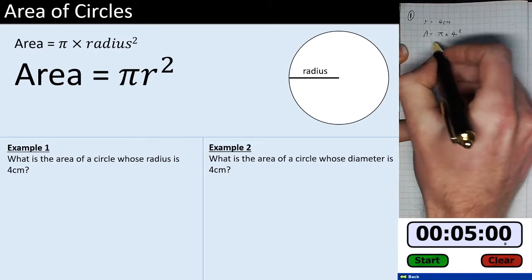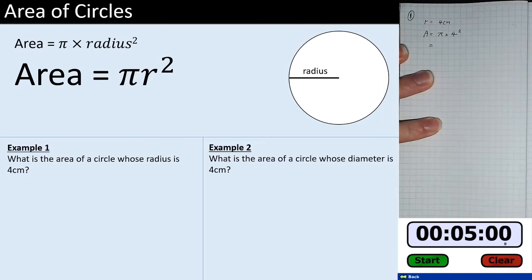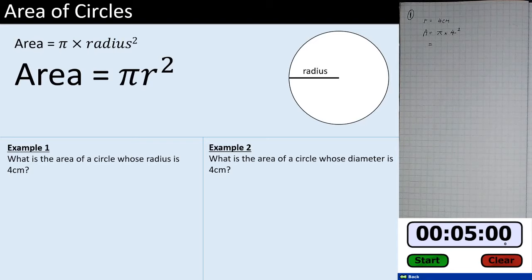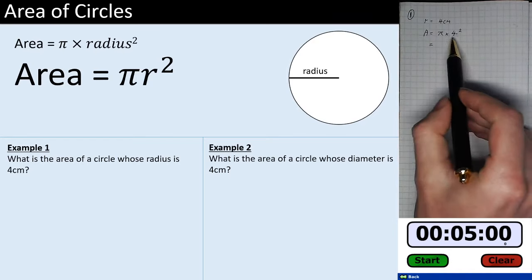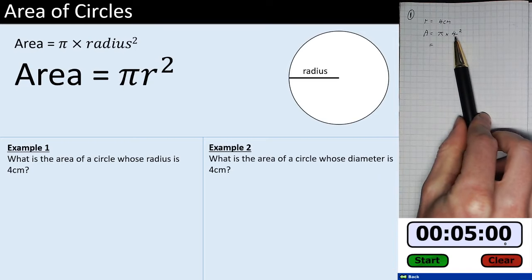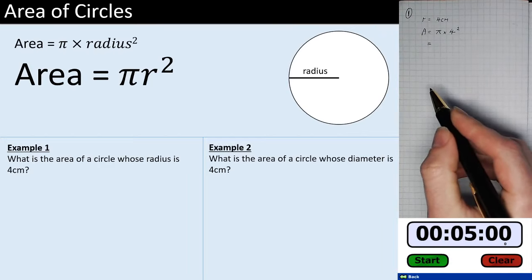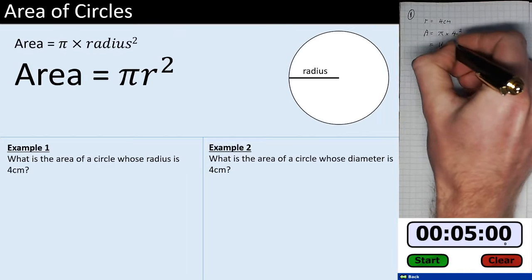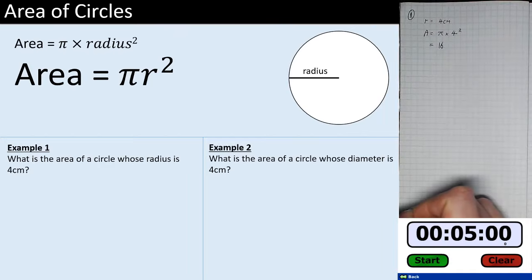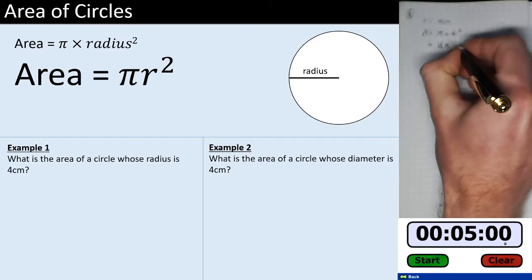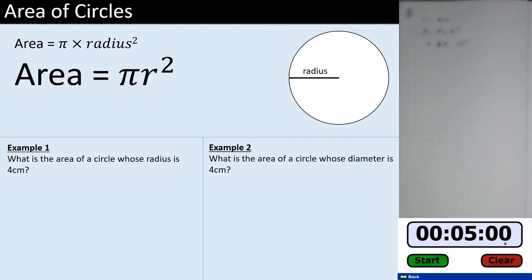Now, there are two ways that we can give our answer. There's a way that involves our calculator, and there's a way that doesn't involve our calculator. The way that doesn't involve our calculator is that we just work out what 4 squared is. Okay, so 4 squared, 4 times 4, is 16. So we can just say that our area is 16 pi centimeters squared.